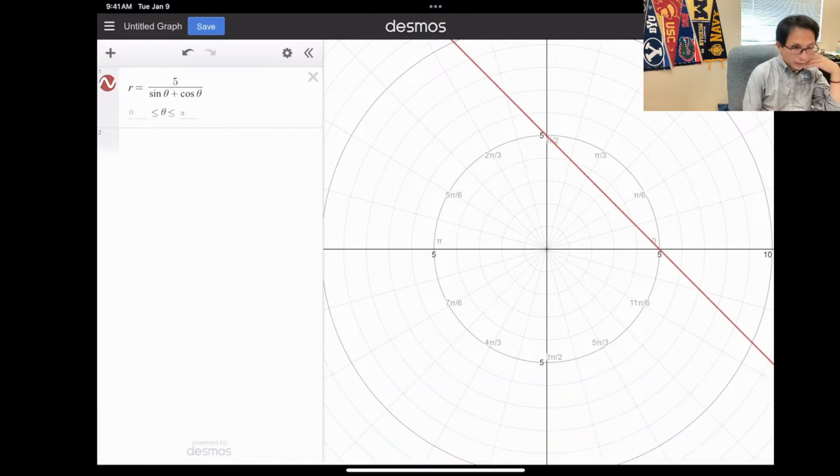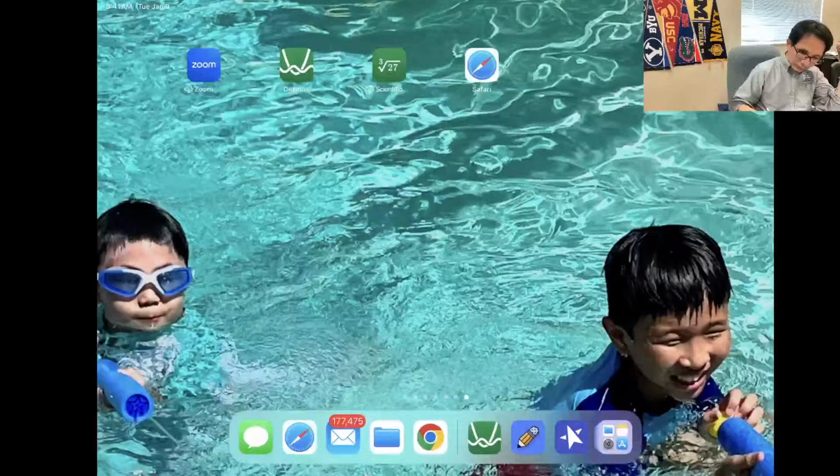Straight line. But it's a really weird representation, because we've never seen r equal to 5 over sine theta plus cosine theta. So this is a representation of a straight line, that's y equals negative x plus 5.